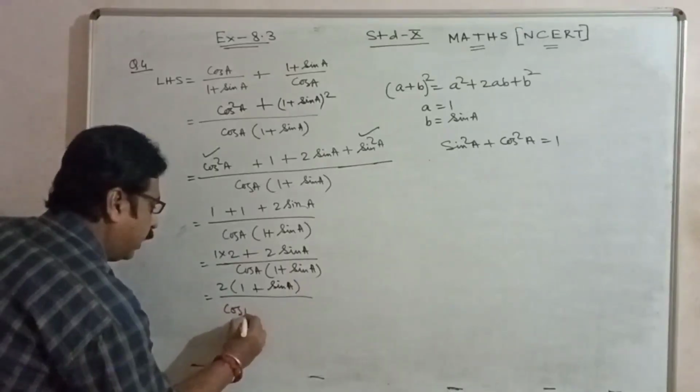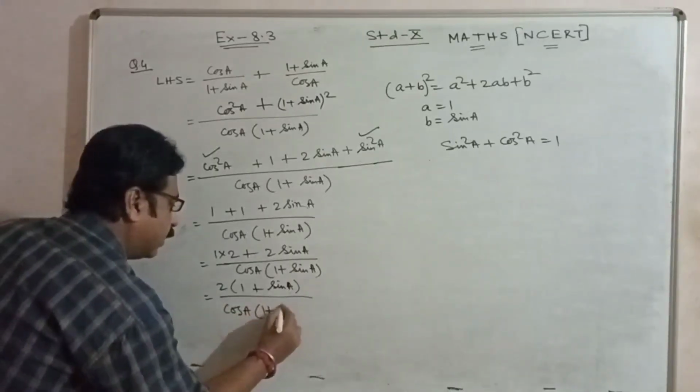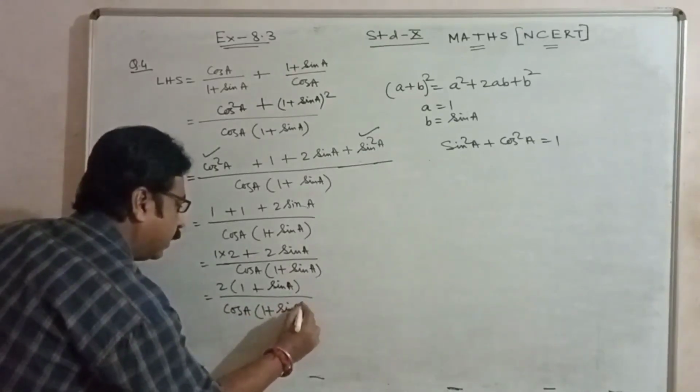The denominator is cos A into 1 plus sin A.